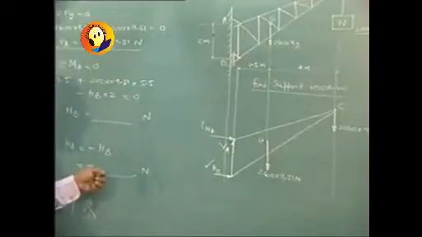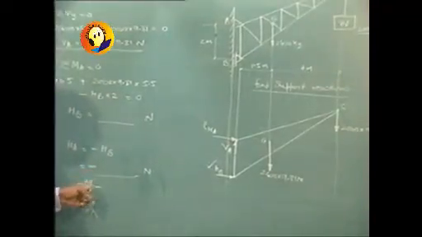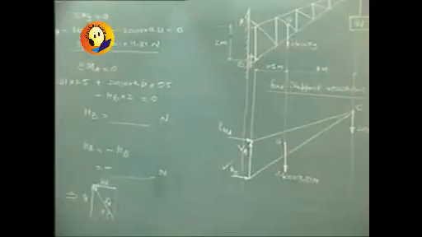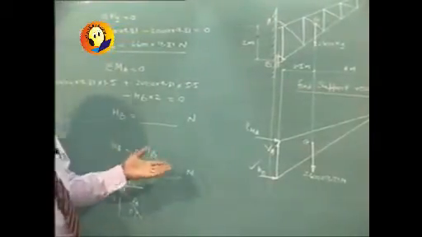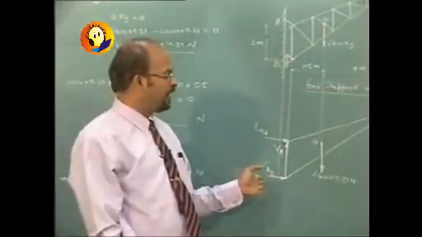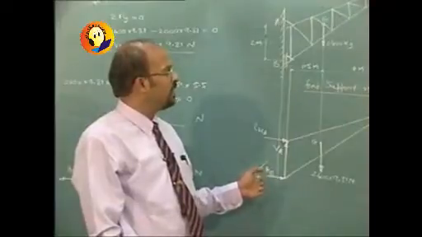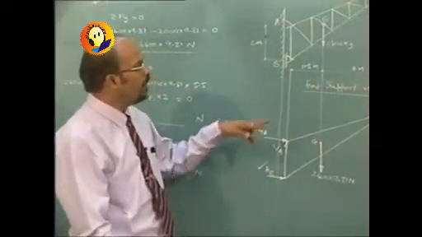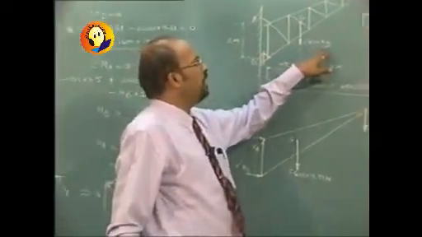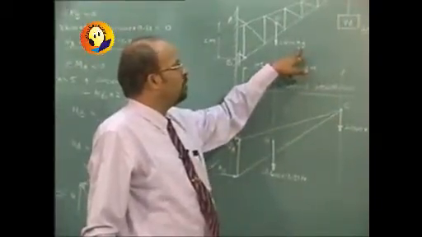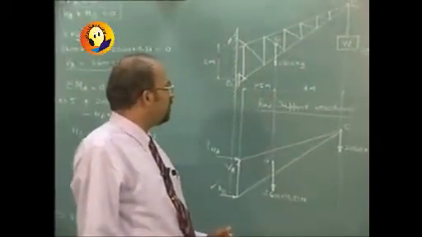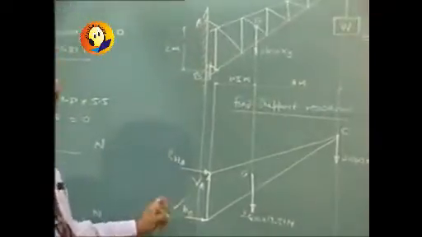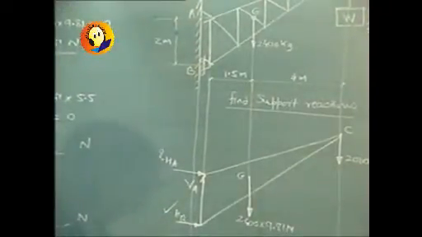When it gives some negative answers, the final answer should contain the correct direction. The assumed direction may turn out to be wrong, but it will be corrected by the numerical answer that you will be getting. Also, if the loads are given in kilograms, you are required to convert them to newtons, which is a standard practice. The forces are to be written only in terms of newtons.